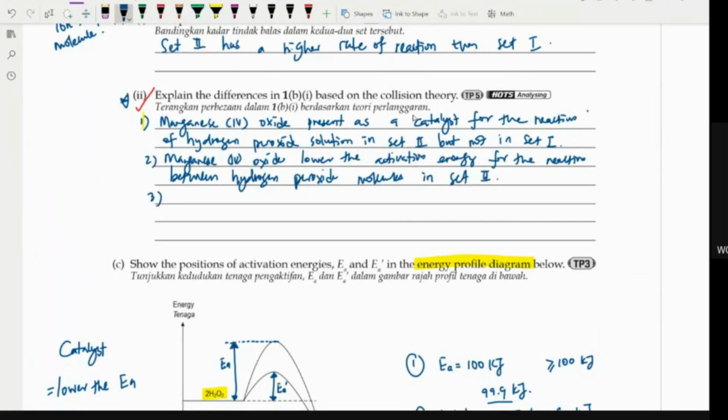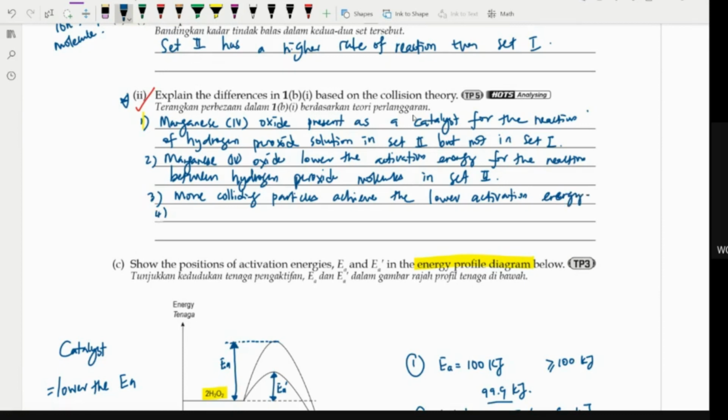Point number 3, you mentioned about more colliding particles, right? Here you can mention the colliding particles, or you can mention the colliding hydrogen peroxide molecules, also can. Achieve the lower activation energy.